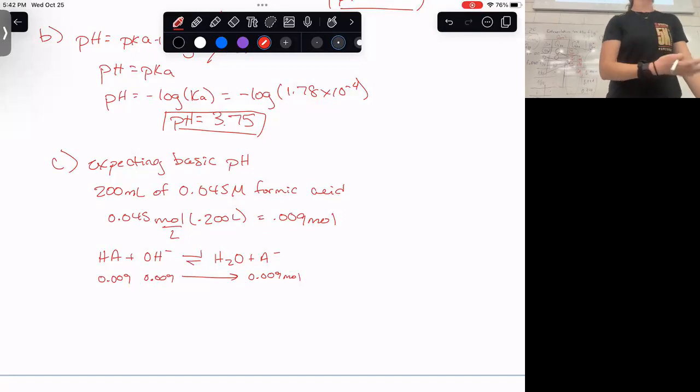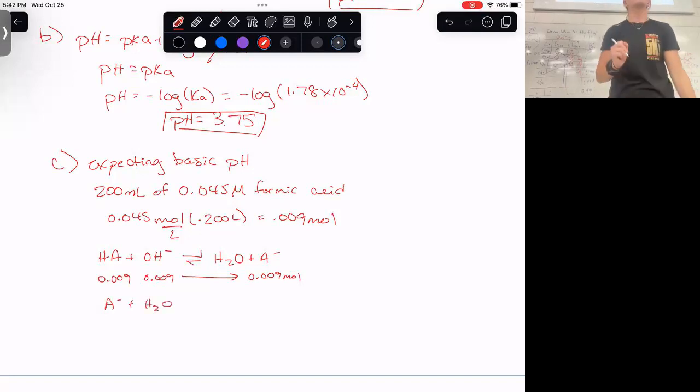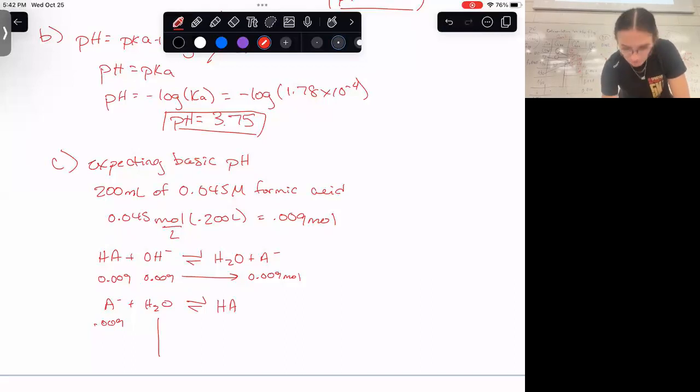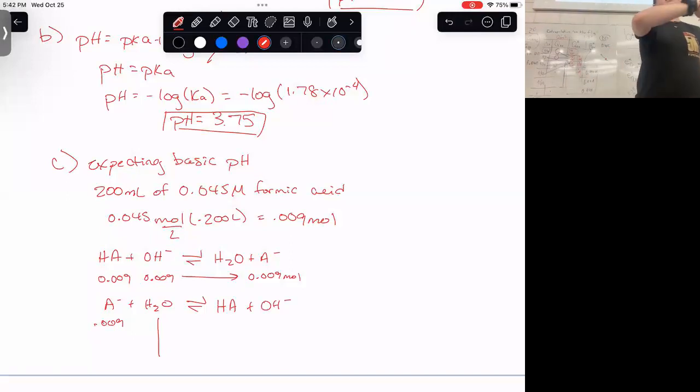We now form a new equilibrium where we have A- and H2O. You can flip this, where you have 0.009 A-. You don't care about your water. It will now form some conjugate acid and some OH minus, because that A- will take that hydrogen from your water.